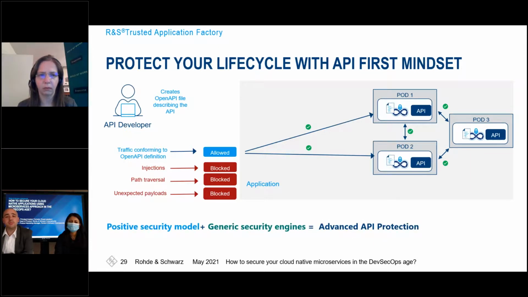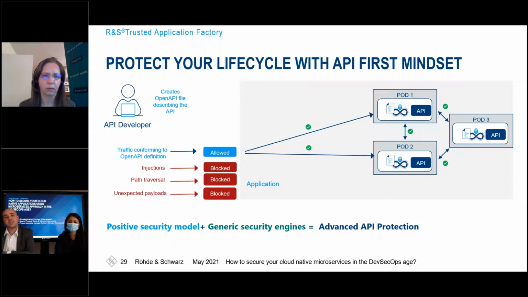So mixing a positive security level, which is easier to do on APIs than on a classical website, and leveraging our generic security engines, allows you to really easily have a strong security strategy, both on your north-south traffic, but also east-west, like Sujanya said earlier in the presentation.